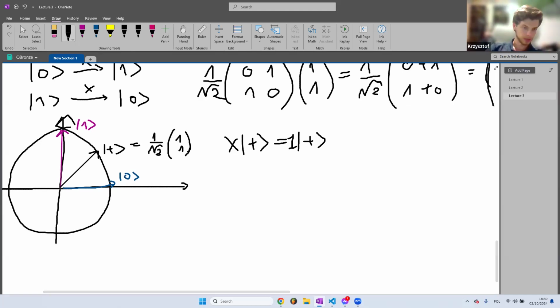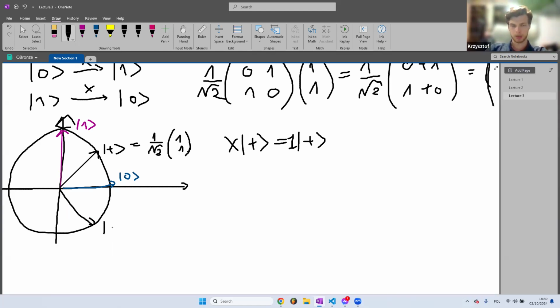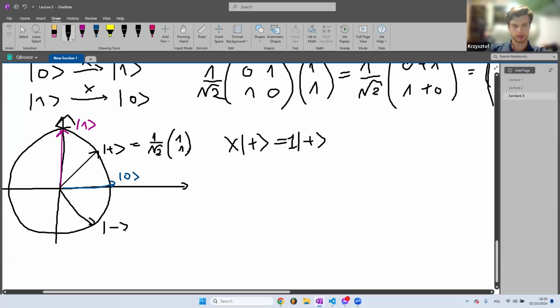So now let's try to compute X on the minus state, because now it will be very clear what this gate does.